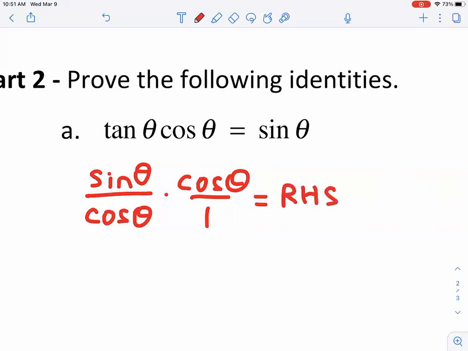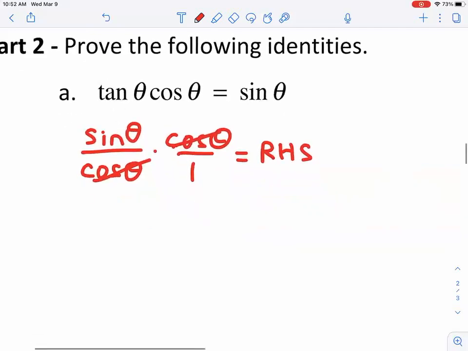That stands for right-hand side, because sometimes it's longer than sine theta. It might be a big thing, okay? We're trying to show that the left side equals the right-hand side. And if I cancel those cosines, we do have the sine of theta, which does equal the sine of theta.